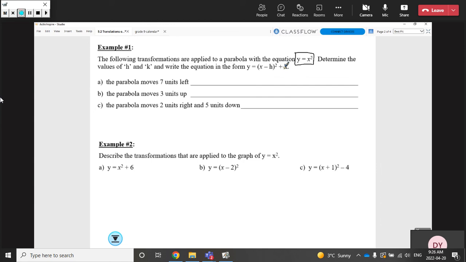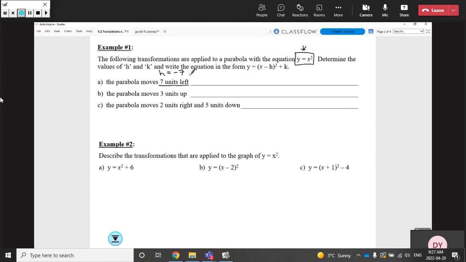So if the parabola y equals x squared moved to the left 7 units, what would that equation look like? Well, it did not move up or down, so the k value is going to be 0. But the h value, because it moved left, is going to be negative 7, because it was 7 left.